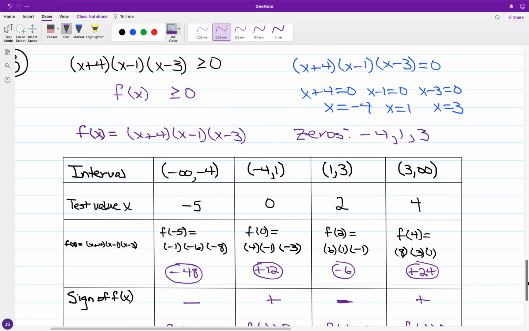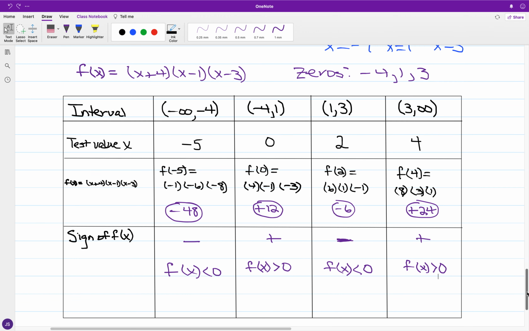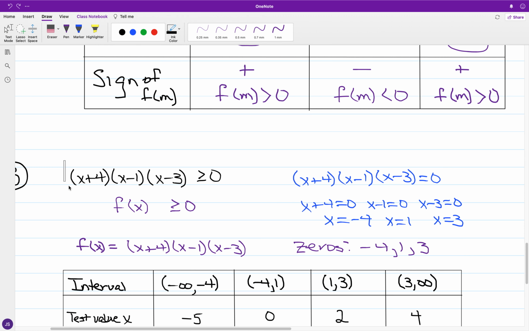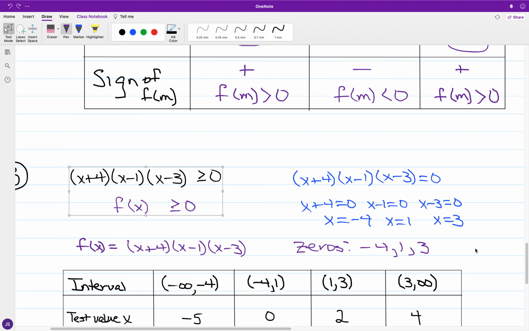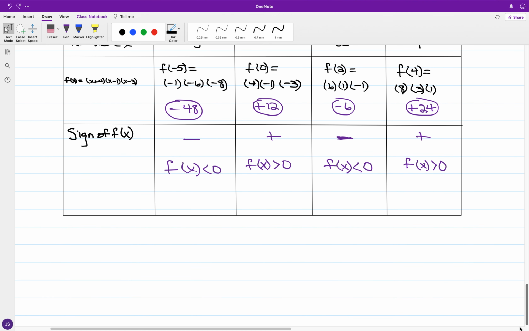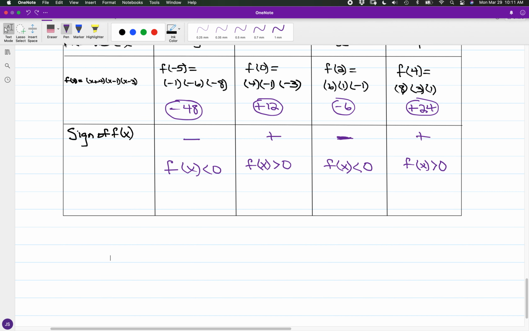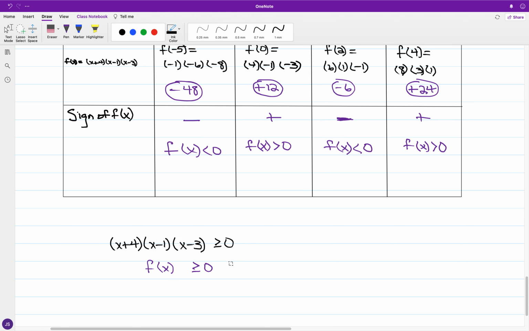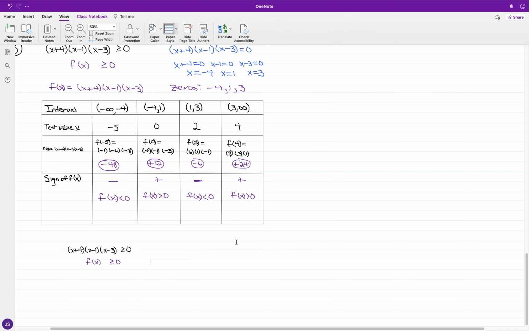Right. So just going back to the problem, whereupon we have our function being greater than or equal to 0. Direction-wise, we have along the same pathway as where we had the function greater than 0.